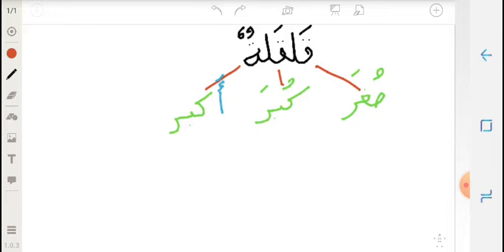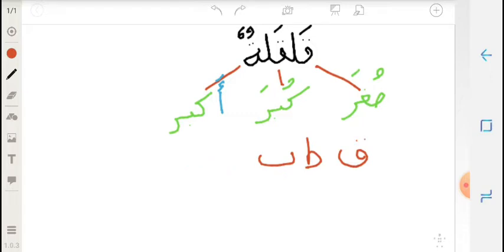Okay, but anyway, not to divert from the point, there are letters in Arabic, in the Quran, that if they are sakin, you would have to produce an echo sound, and those letters are these. That is a qaf, ta, ba, jim, and dal. Okay, so those 5 letters. Now we will remember this as an acronym that we can use.